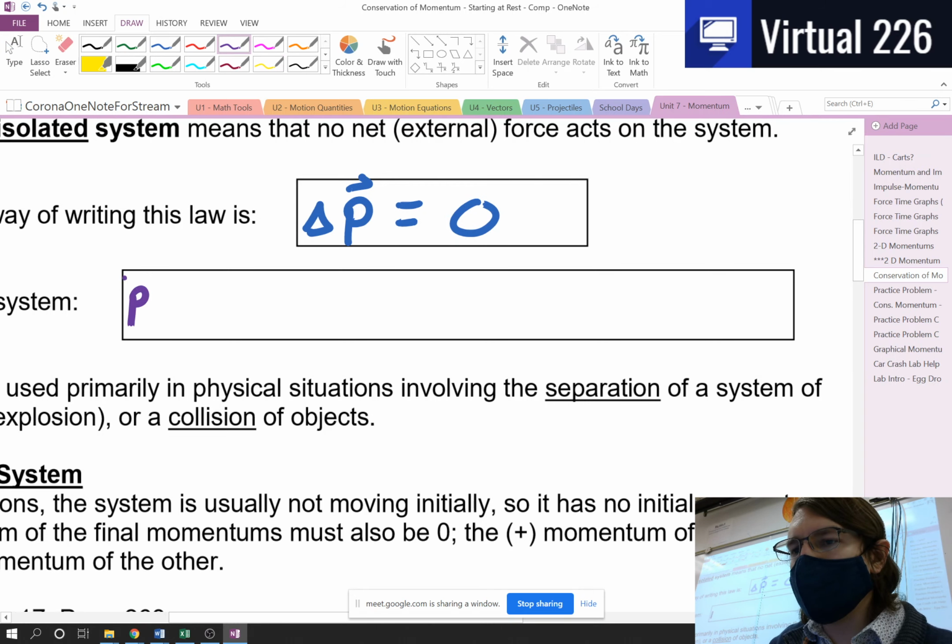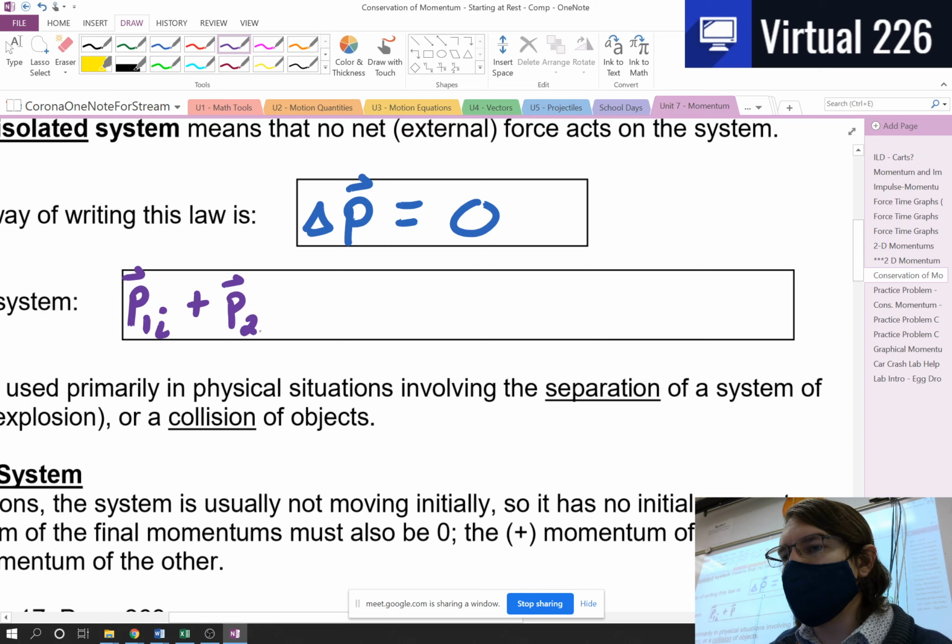The momentum of the first object initially plus the momentum of the second object initially. This would be like if you had cars moving, right? My car and your car.